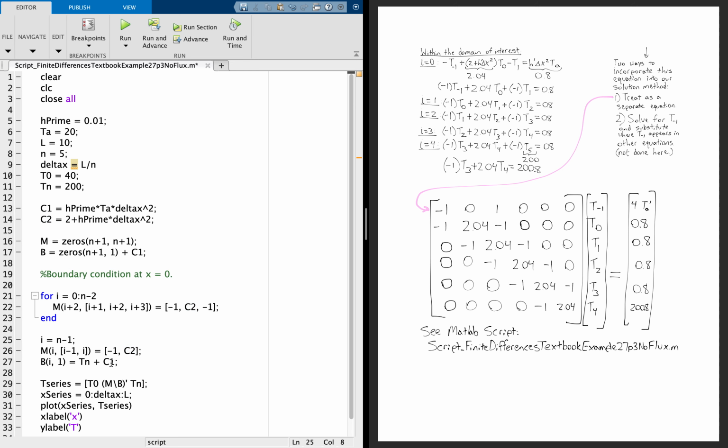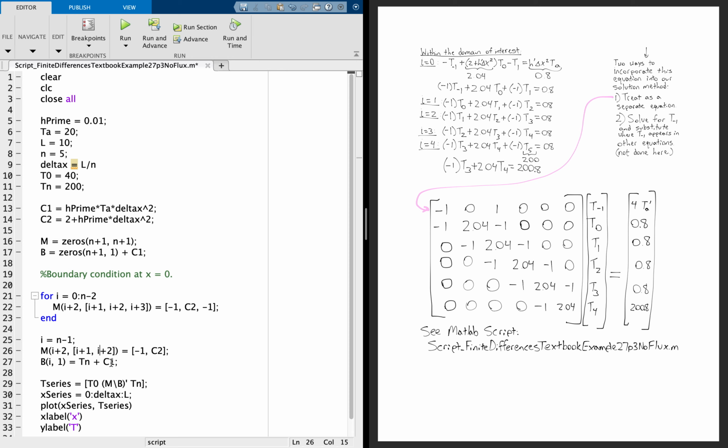So now we have to consider the last row. That corresponds to I equals n minus 1. And the diagonal is still going to be I plus 2. Okay, so I plus 2 is going to be the same as n plus 1. Okay, that makes sense. So this is going to be I plus 1 by I plus 2.